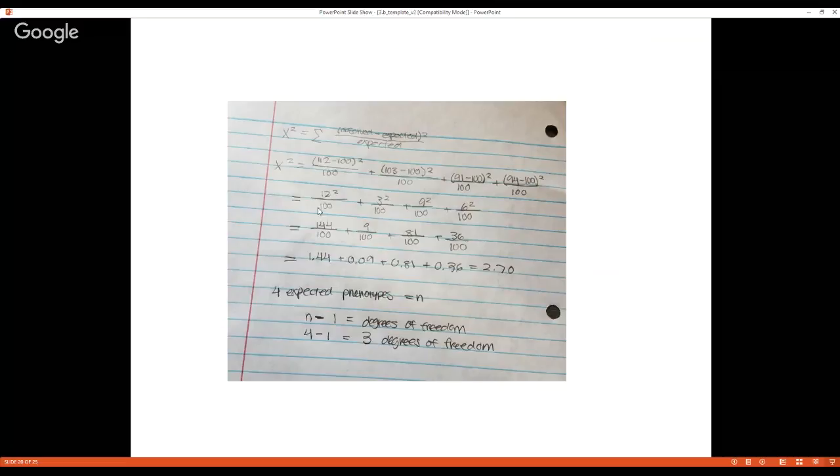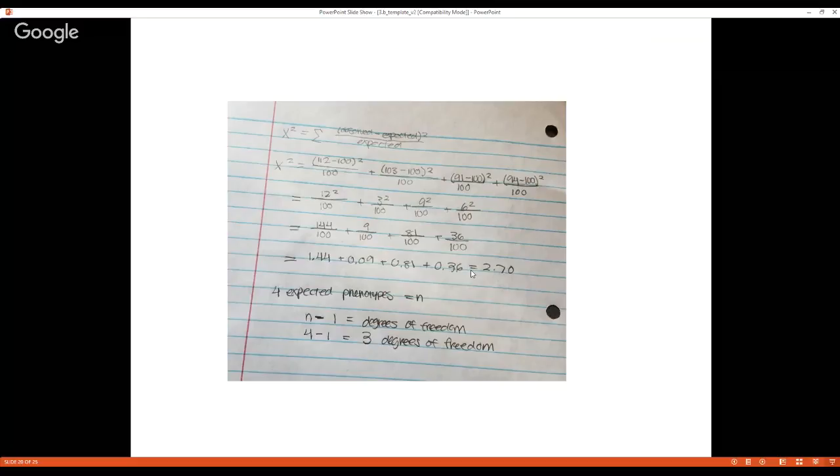And then just doing it step by step, we end up getting 12 squared divided by 100, 3 squared divided by 100, 9 squared divided by 100, and 6 squared divided by 100. And once you square those and then divide them by 100, you get 1.44, 0.09, 0.81, and 0.36.